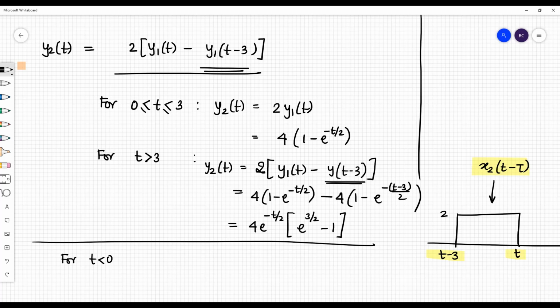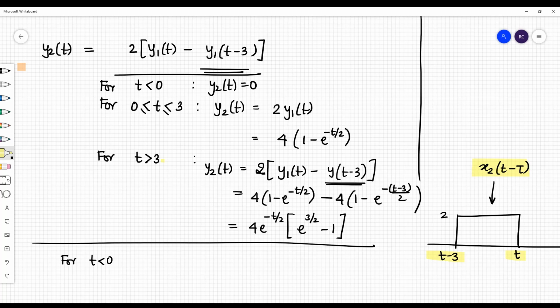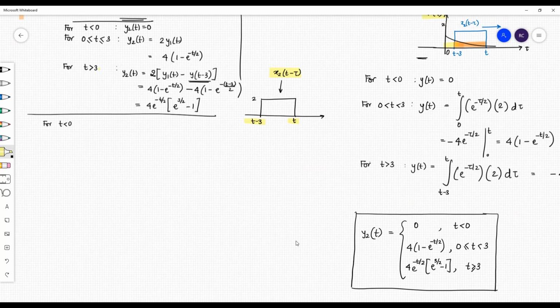Okay, and not to mention that for the other case, t less than 0, both are already 0, right? So you will get y2(t) as 0. So let us check. This is actually what we got by finding the convolution also. So for t less than 0, let's cross check. Right, so we have to check between these two.